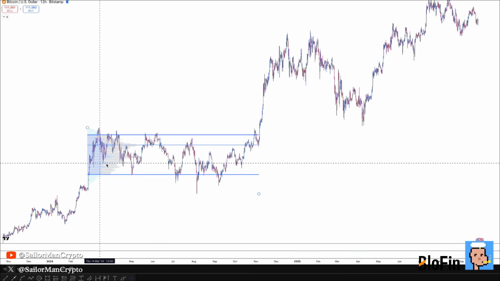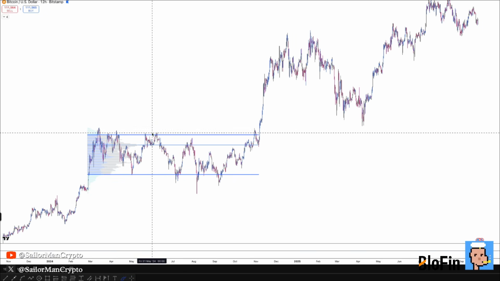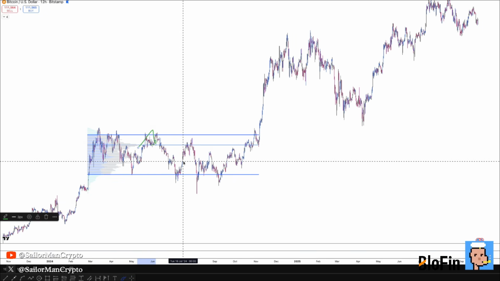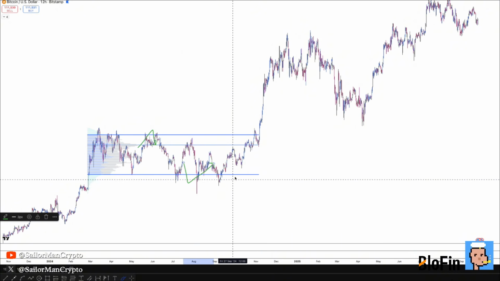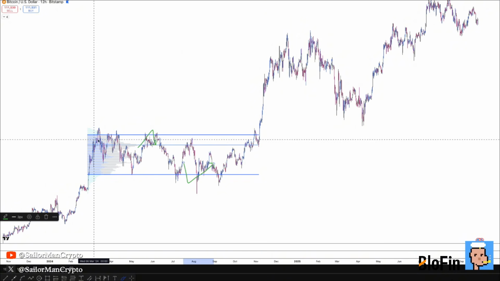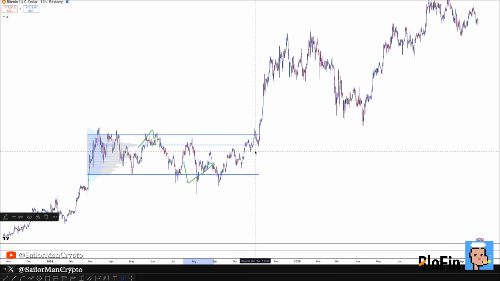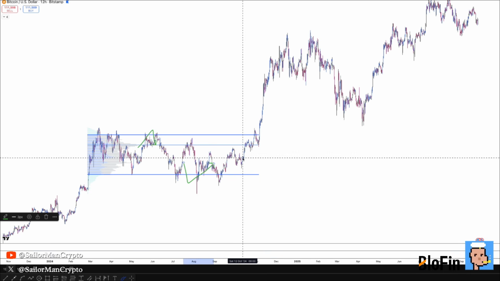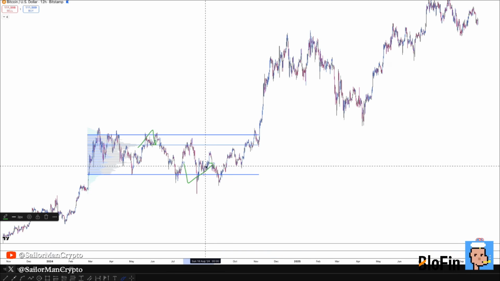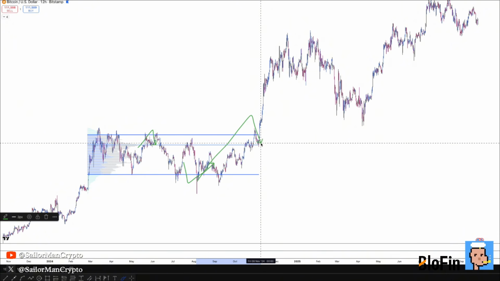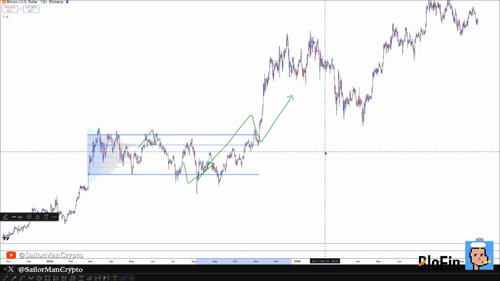I know that in a range it is always better to short the value area high, always better to long the value area low, and that the point of control is generally a level of choppiness. I also know that if this range is broken to the upside, I know where I would like to long a potential retest for a trend continuation.